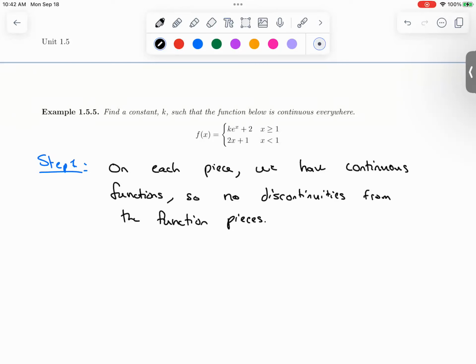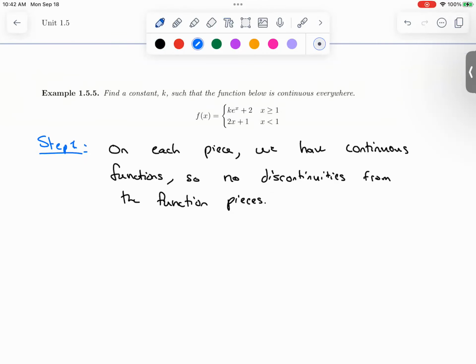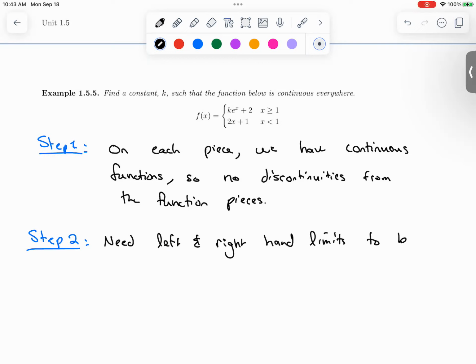Step 2. Step 2 is where it comes into play. We need the left and right-hand limits to be equal at x equals 1.